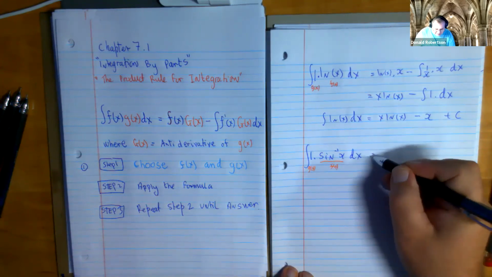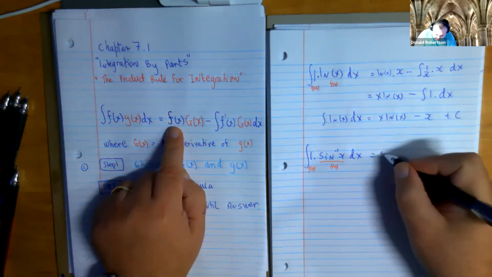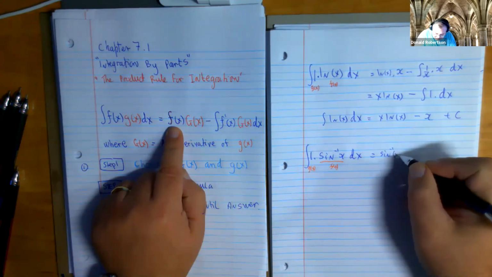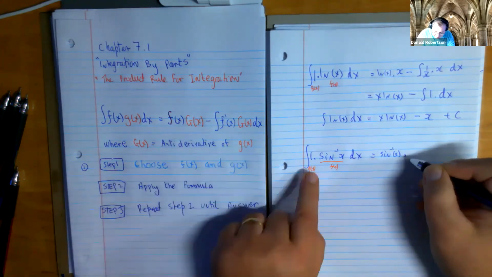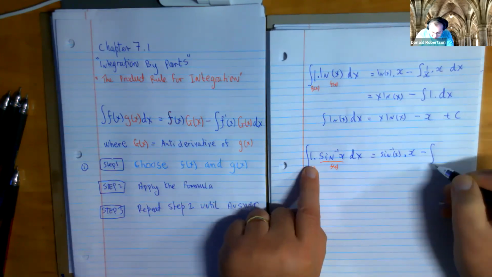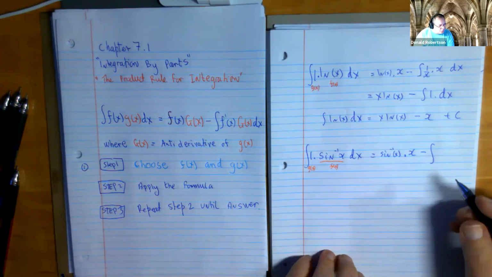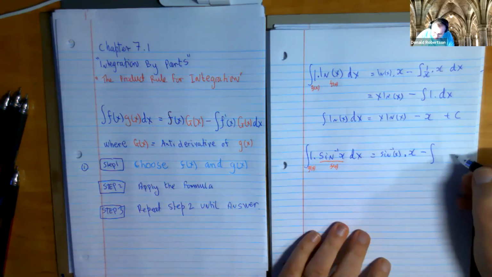Now, this is going to equal f of x, well, that's the inverse sine of x, times the integral of 1, take away the integral of the derivative of inverse sine of x times big G. Oh, well, I already mentioned it, didn't I? What's the derivative of the inverse sine of x?